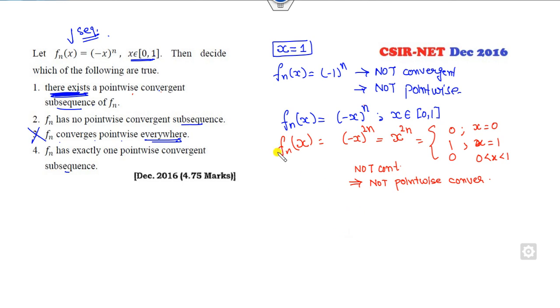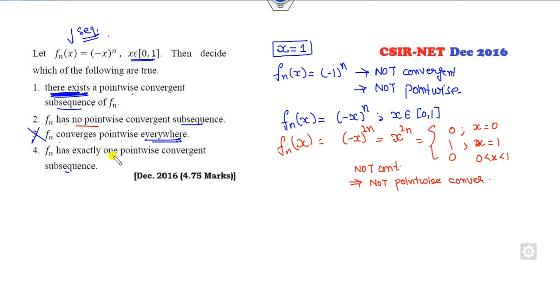There exists a pointwise convergent subsequence. Can we think about any of these subsequences? How can you think about that? Okay, we will look at the second part. Fn has no pointwise convergent subsequence. It has exactly one pointwise convergent subsequence.